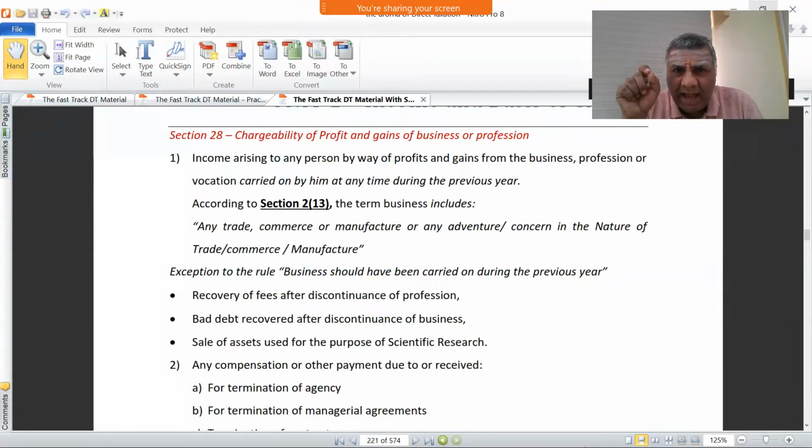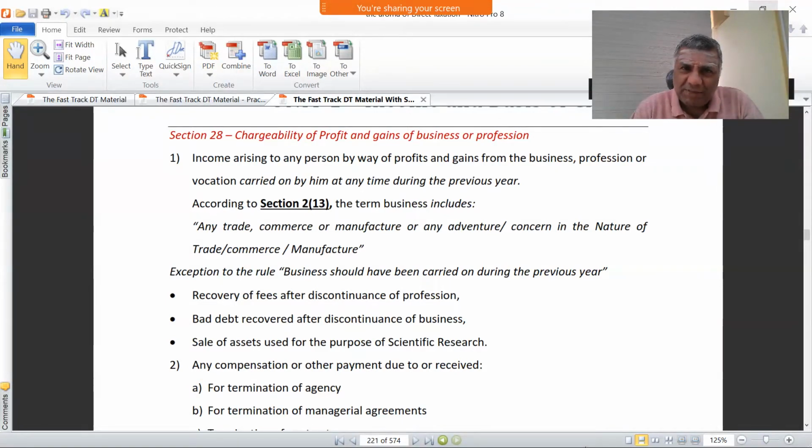Section 28 gives us the list of incomes which are taxable under this chapter. Section 28 is not just telling that business income is taxable here, because in other chapters, for house property, you need to come to some other place for the annual value of a property. Capital gain is the gain arising from transfer of a capital asset effected during the previous year.